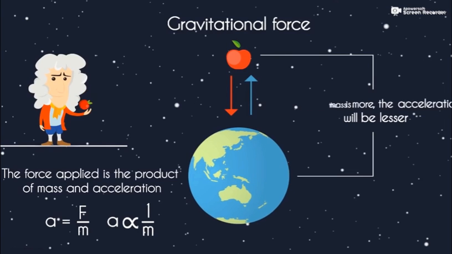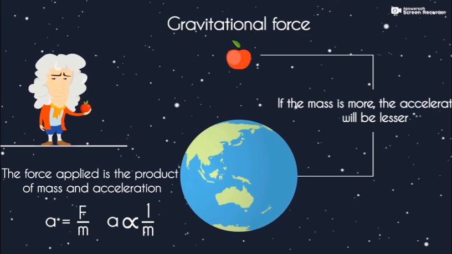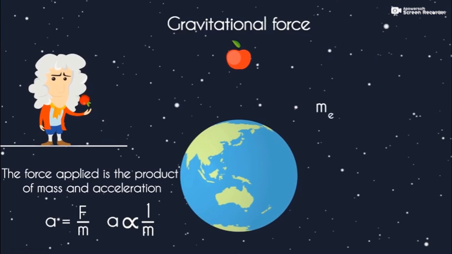So, if the mass is more, the acceleration will be lesser. As the mass of the earth is much more than the mass of the apple, it is the apple which accelerates towards the earth and not the other way around. Hope that makes it clear.